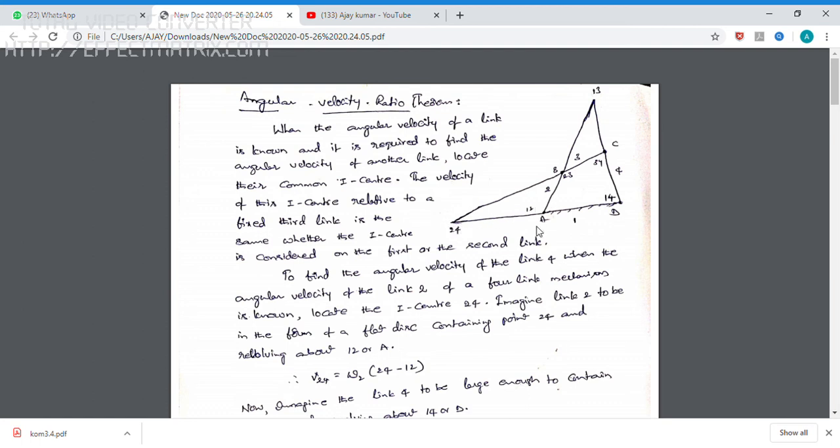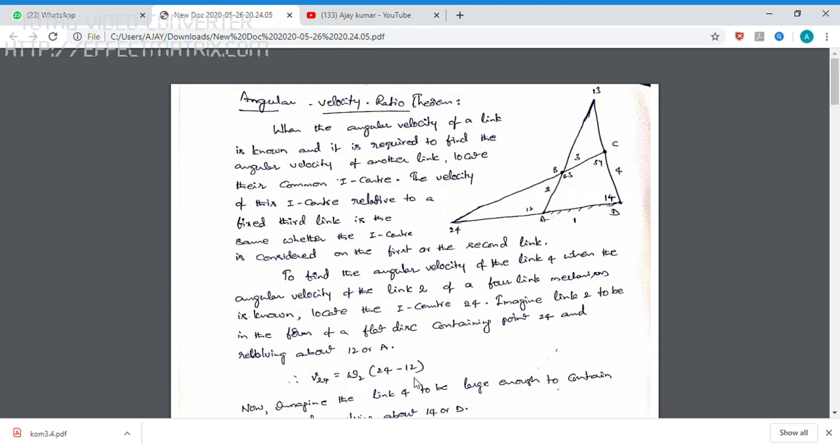Now this entire disk is rotating about the A point. If I want to find the velocity of the 24 point, v24 is equal to angular velocity of the second link into its distance. What is the distance? From 24 to 12. That's why I wrote the formula v24 is equal to omega 2 into the 24 to 12 distance, that is the link length distance.